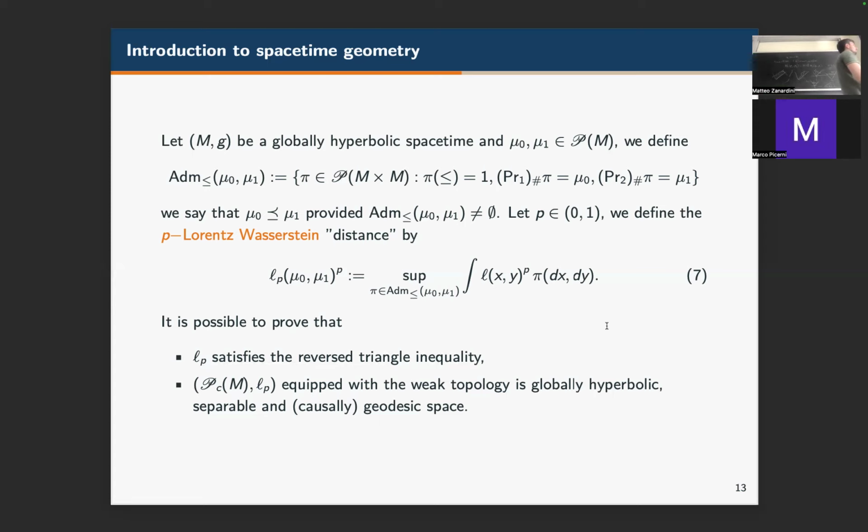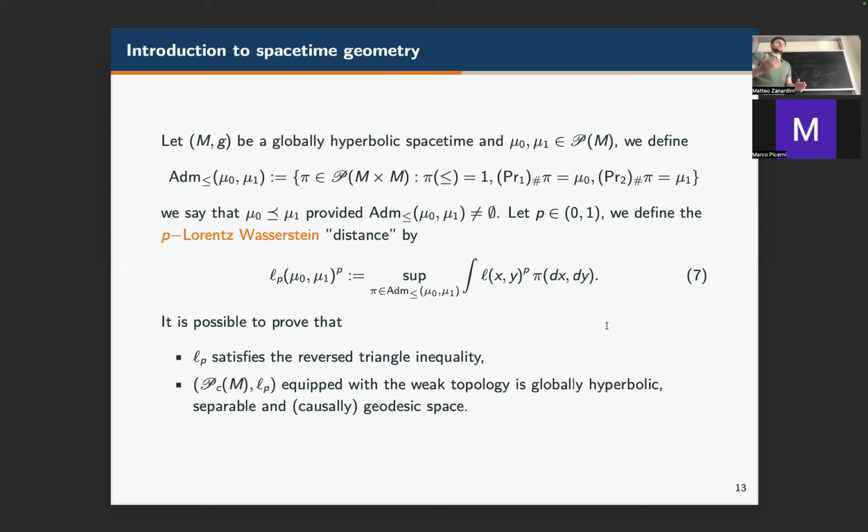And what you can prove is that the set of probability measures with compact support, endowed with this L_p and the weak topology, is actually globally hyperbolic, in the sense that this less or equal is a partial order. And second of all, if you take two measures and you intersect the future of one with the past of the other, you get a compact set in the weak topology.